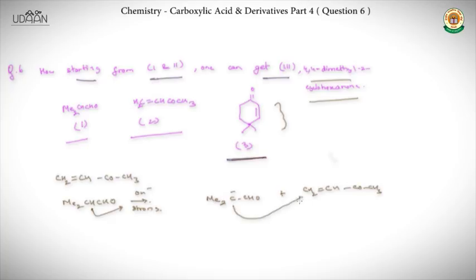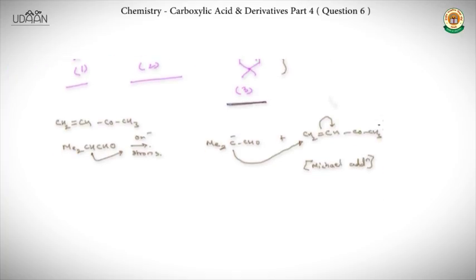This can react with the terminal alkene, and the pi bond of the alkene can go on. This is basically what we call Michael addition. The name is not that important, the concept is.